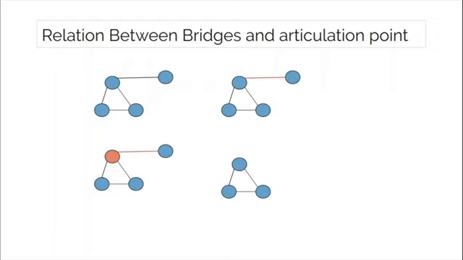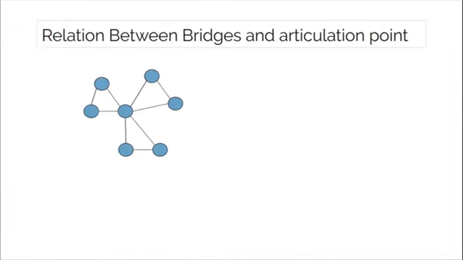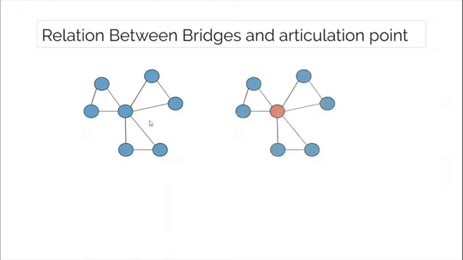Well, it turns out that a cut vertex can exist without the existence of bridges. For example, this graph. If you see, there are no bridges in this graph, but still there exists an articulation point.